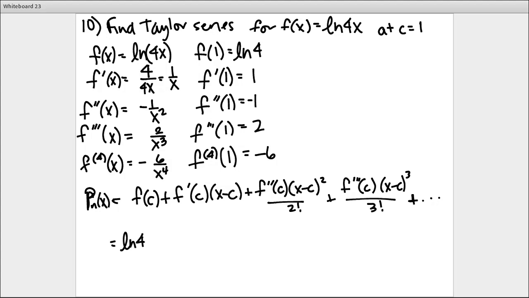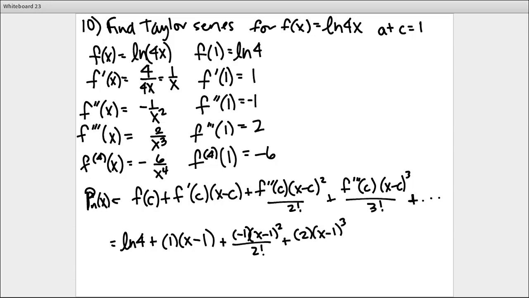So the Taylor series for this would end up being natural log of 4 plus 1 times x minus, what's my c? It's 1. And then my next term was negative 1 times x minus 1 squared over 2 factorial.